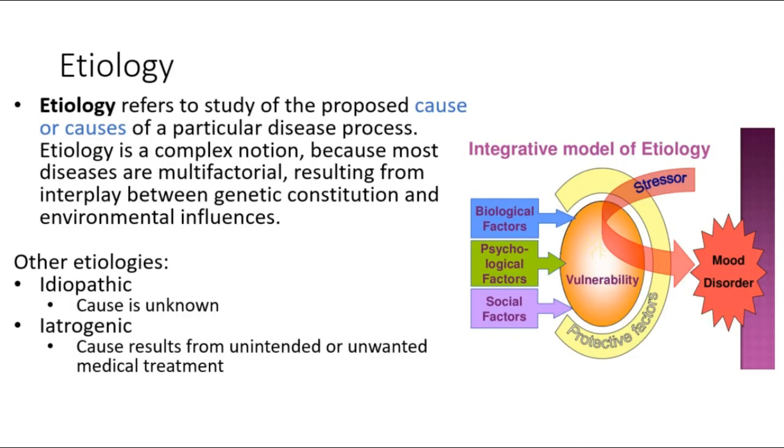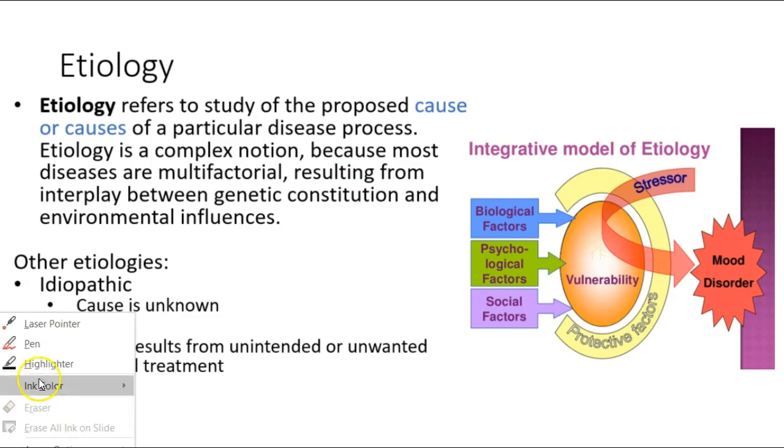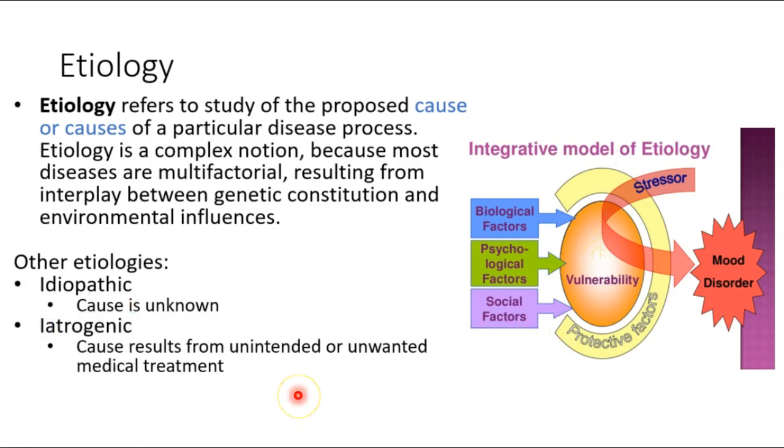So the vocab word etiology is about the cause or causes of a particular disease process. It's not just one thing, it's multifactorial. For example, most disease processes require what we call a vulnerable host. We need a person to be vulnerable in the first place in order for a disease to take hold.